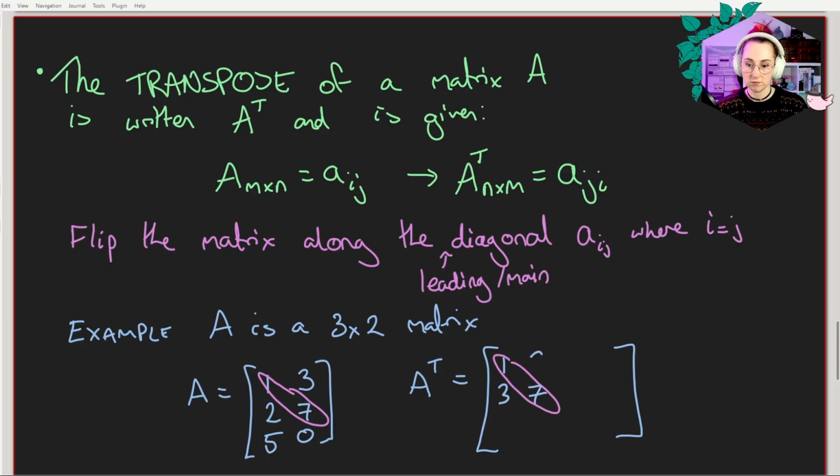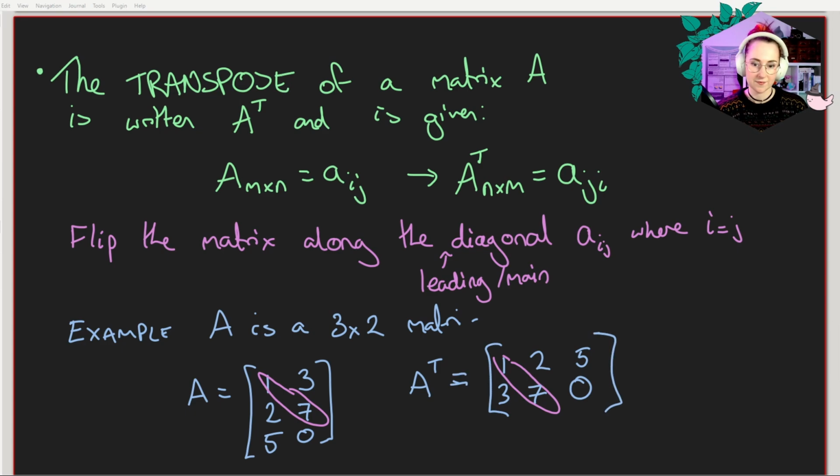Same with the other one. And the bottom 2, that's our first column, third row, so it becomes our third column, first row. Basically, it goes over here. Let's just draw it out, it's always easier to just draw it. There we go. Ta-da!